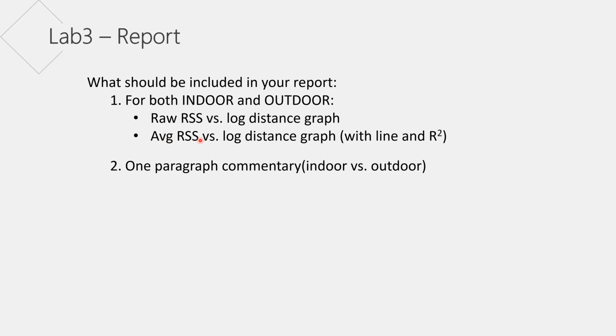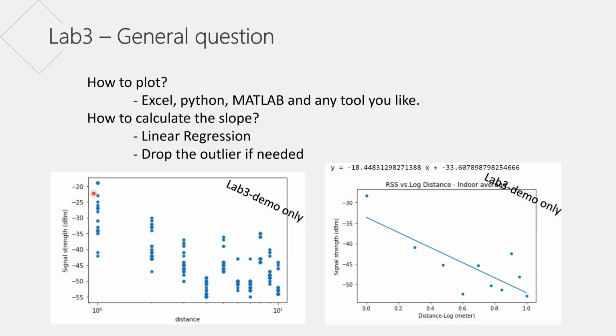The second plot should be the average RSS data. You should calculate the average value and plot only one point for each distance. After that, you need to calculate the slope, so just do a linear regression to calculate the slope.